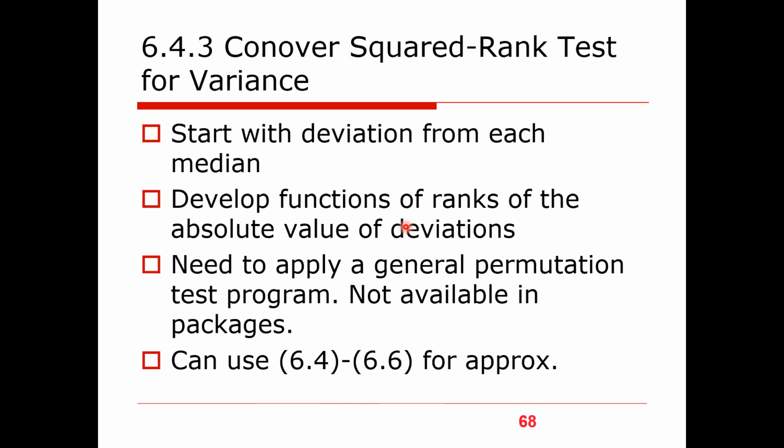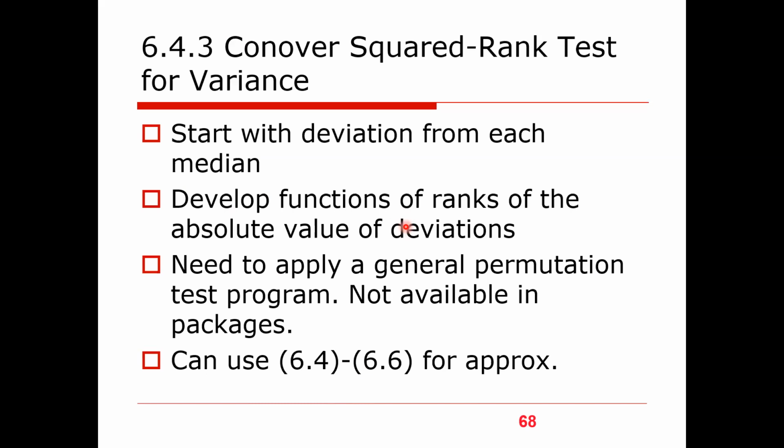And among those results and conclusions, we can choose the best one from them, right? So Conover squared rank test, we will skip the example. We just introduce how it works. Because variance is the square of standard deviation, the unit of variance is the square of the unit of the variable, right? So it makes sense to have a squared rank.